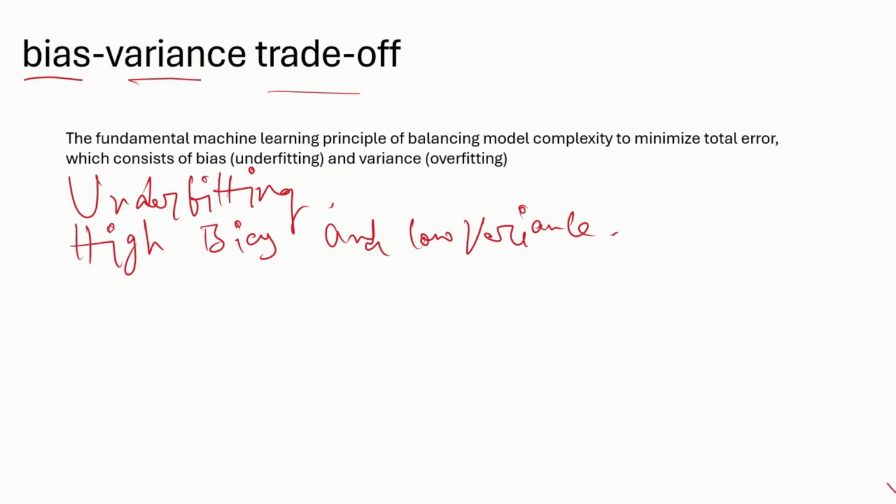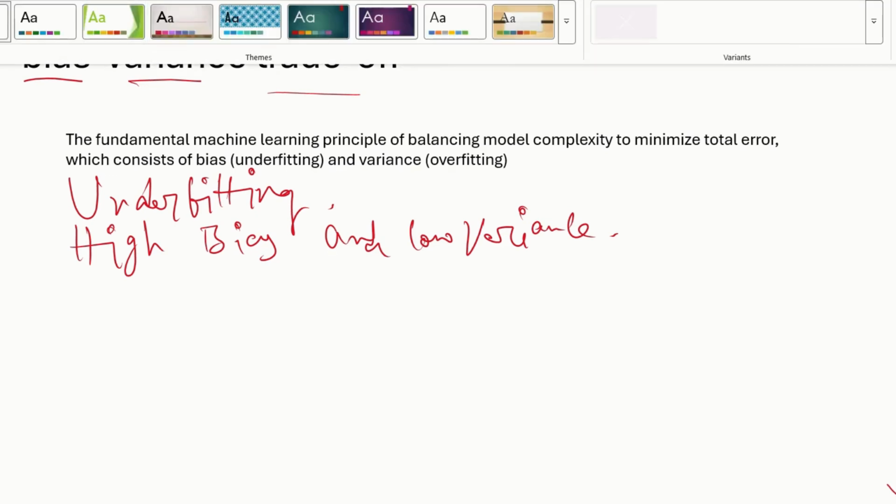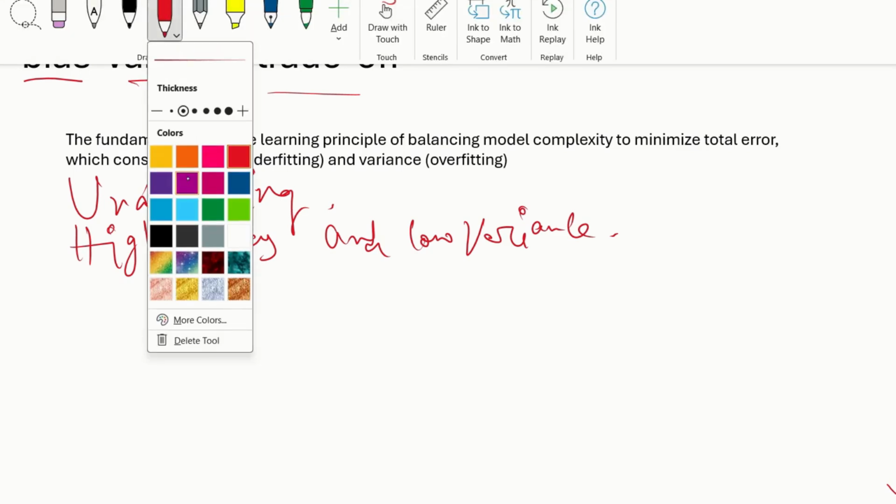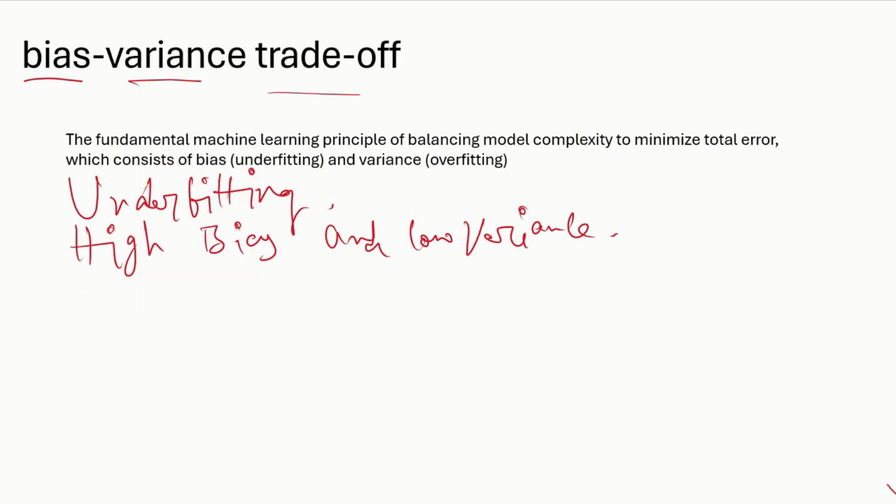What is overfitting? Overfitting is nothing but low bias and high variance.